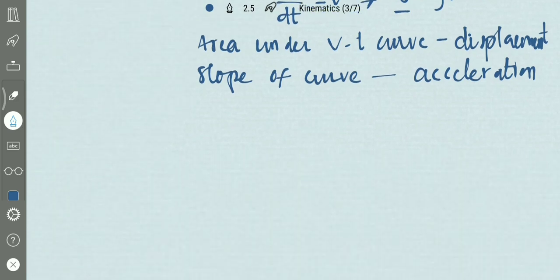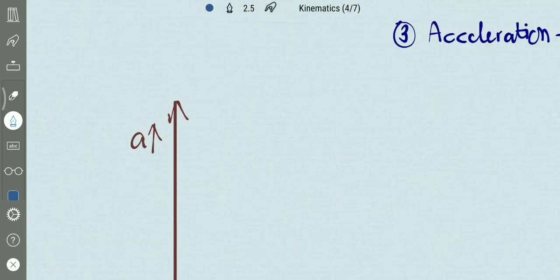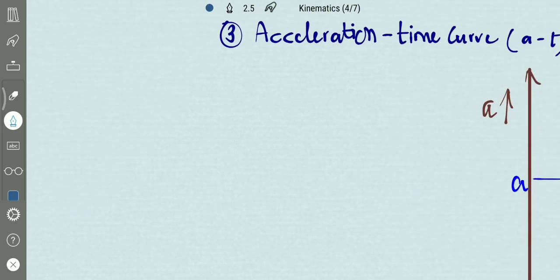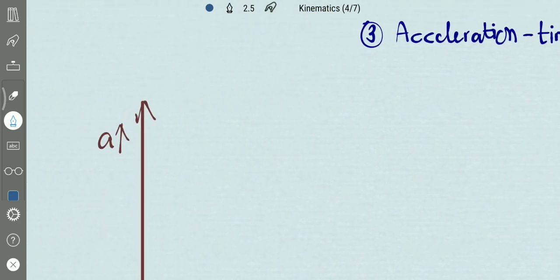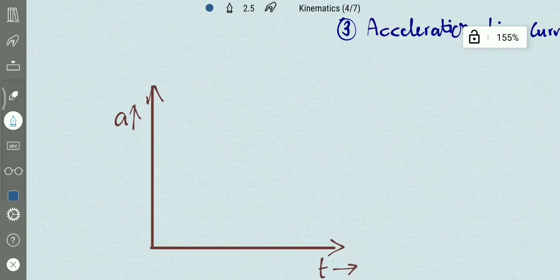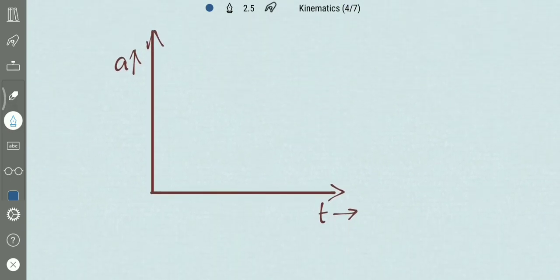So next one is the acceleration time curve. In uniform motion, the velocity will be constant, right? So there is no acceleration in uniform motion. So the line will be the x-axis.